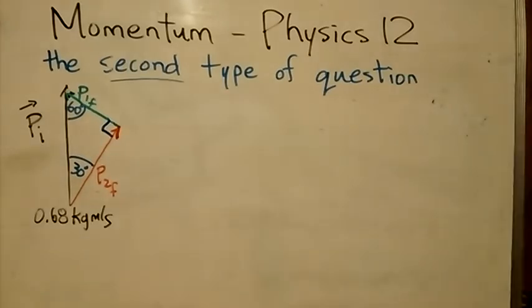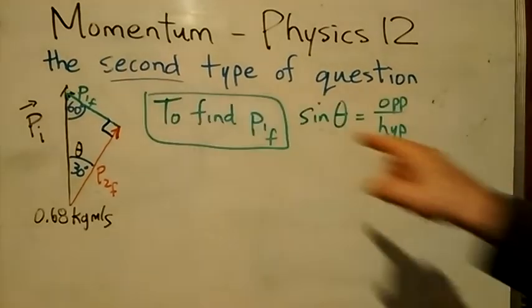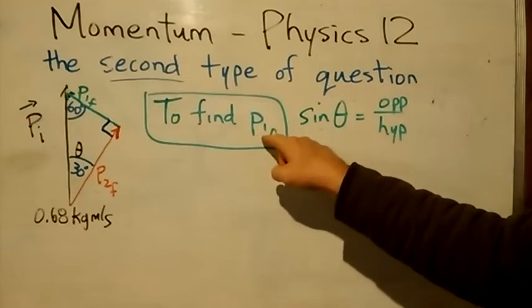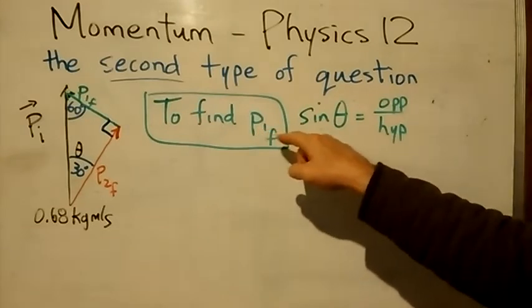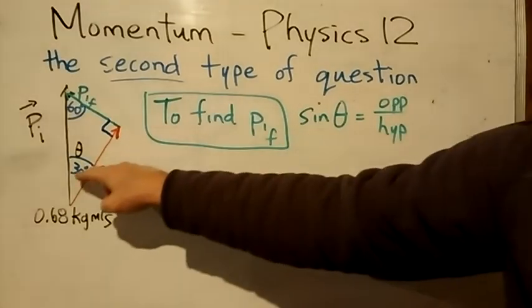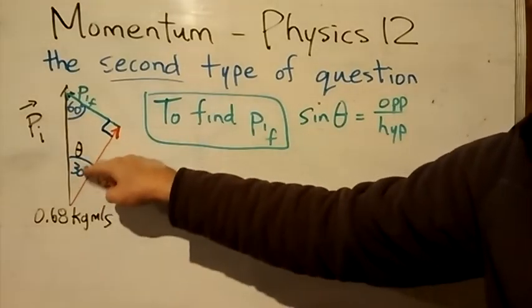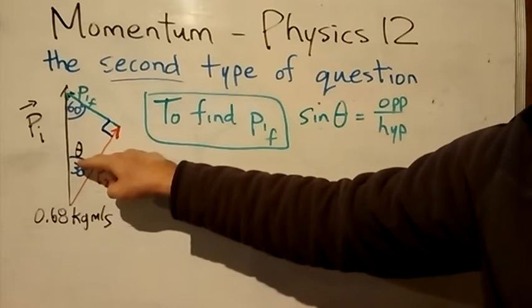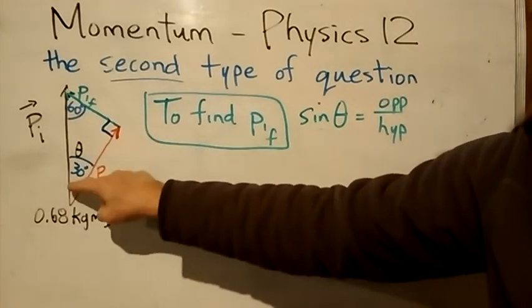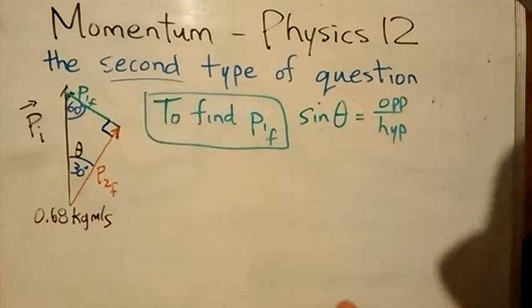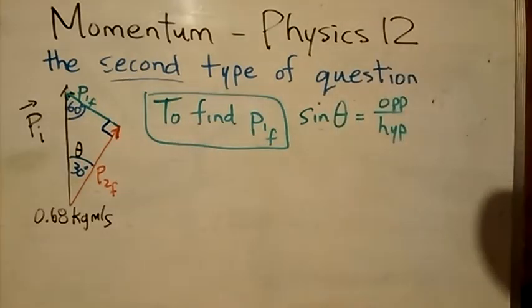So let's do that. Find P1 final, which is the momentum of ball 1 final. I just have to use one of the angles. I'll just use the 30 degrees. I could have used the 60, but I'll just use one angle, 30 degrees. Call this one the opposite side, right here.